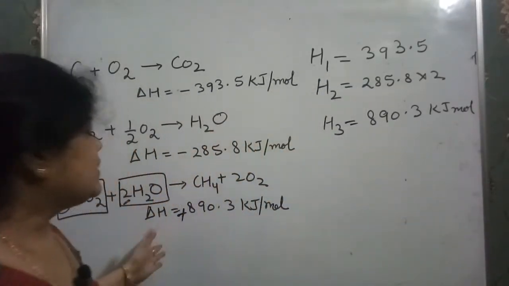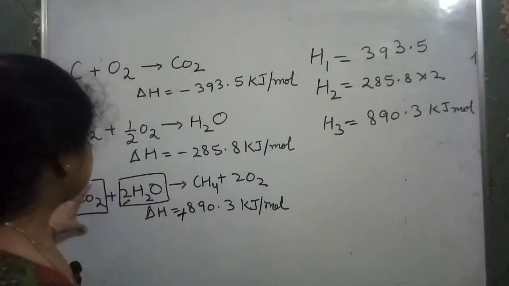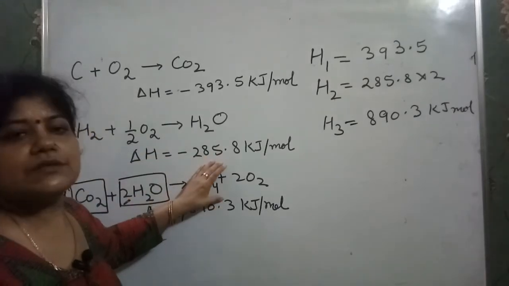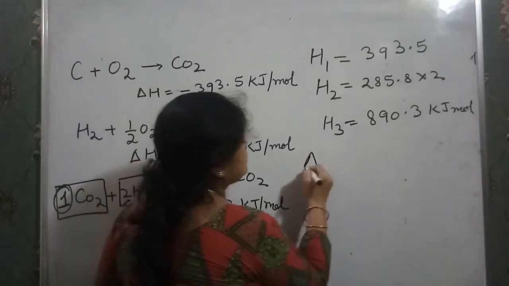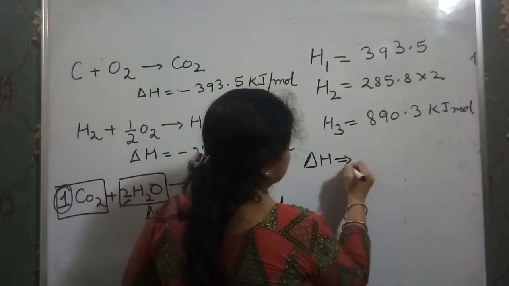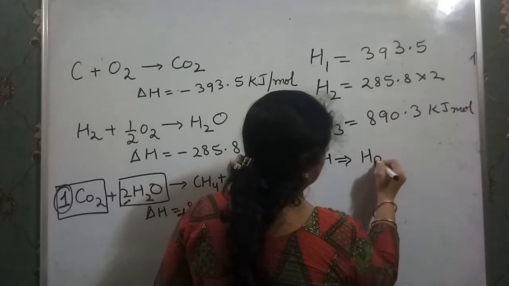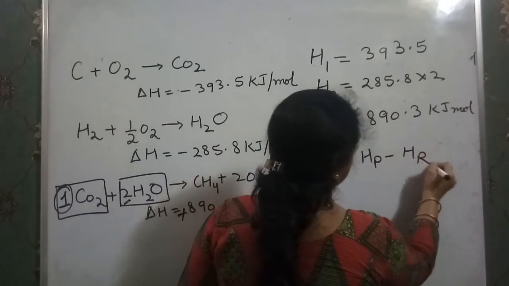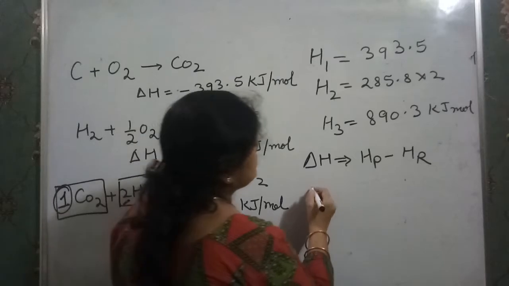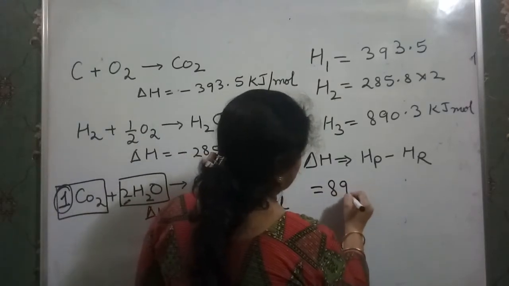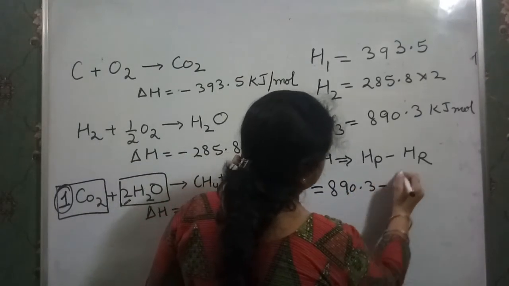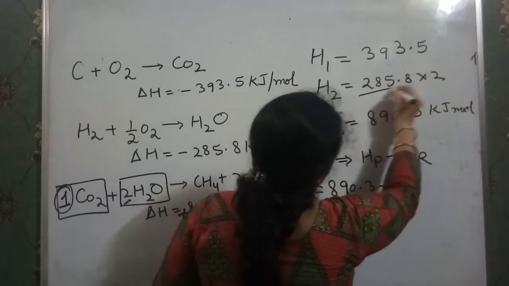So for the total enthalpy change, that means when this reacts it forms this. The enthalpy change in this way is equal to the enthalpy of products minus the enthalpy of reactants. So we have 890.3 minus, just add both of them.